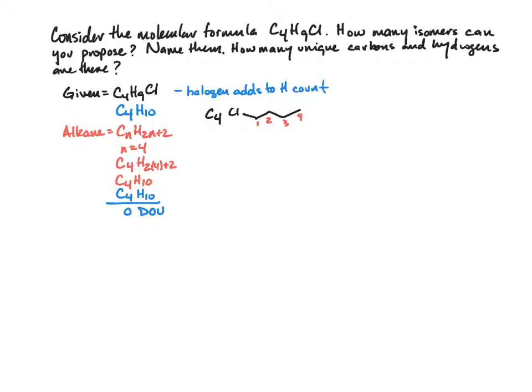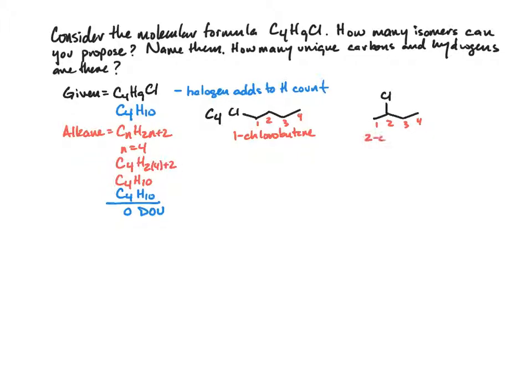So the name of this compound is going to be 1-chlorobutane. Then we can also put the chlorine at the 2 position. We're going to draw that: 1, 2, 3, 4, with chlorine at the 2 position.